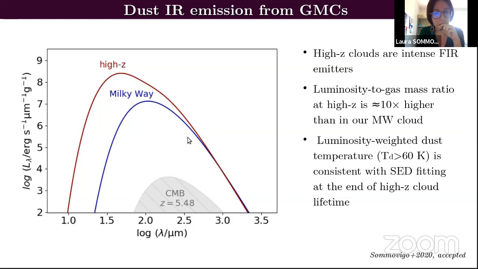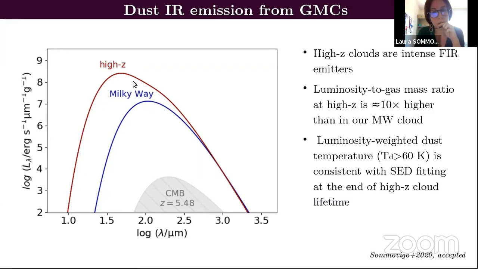For the high redshift cloud, we have a slightly modified shape. This is exactly because of the warmer dust, which mainly contributes to this part, where you can clearly see there's a sort of double peak situation going on. And indeed at shorter wavelengths, the warmer dust, the one at the peak that I was showing before, is contributing the most.